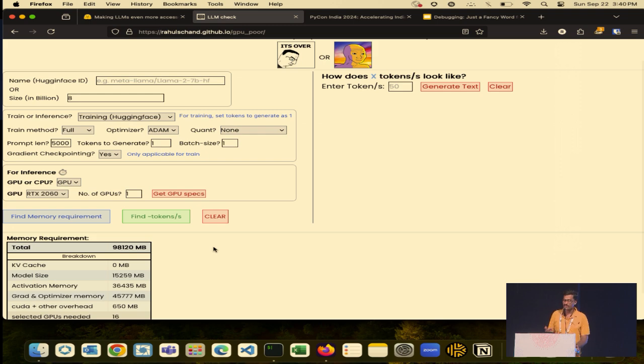What we can do is use LoRA. With LoRA it decreases to 52 GB, which is great by itself. But when we go for QLoRA, we can decrease it even further, to 43 GB.